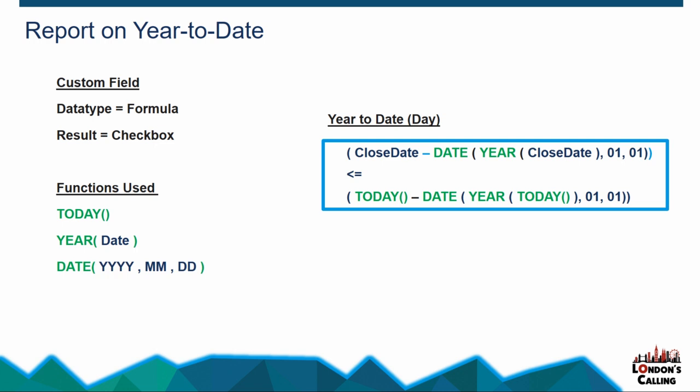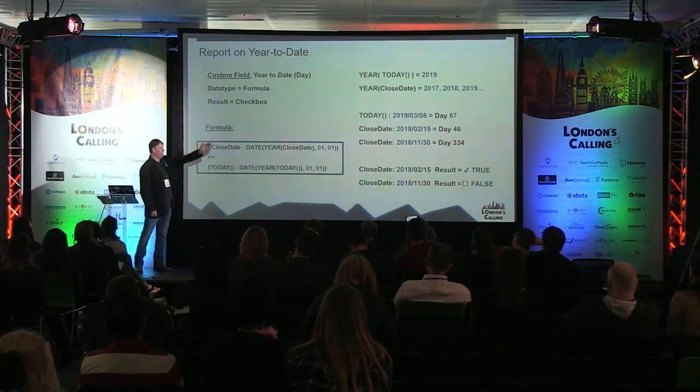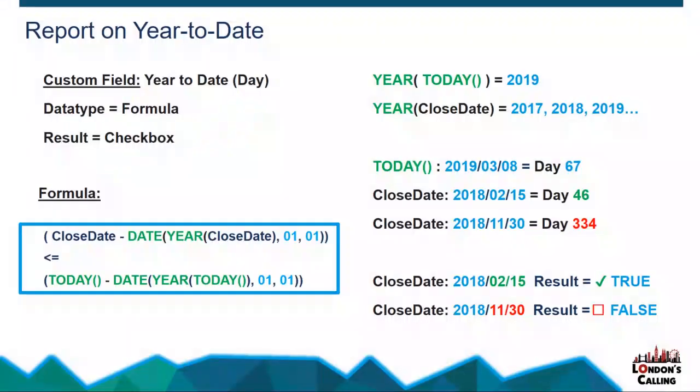That gave me the number of the day of the year that that opportunity closed. Then I had to do the same calculation and figure out what is the number day of the year for today's date. And again, I'm just doing some basic math. I'm comparing those 2 numbers together, and if they are less than or equal to, I return a checked or an unchecked checkbox.